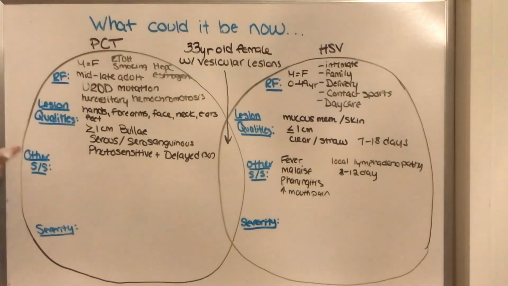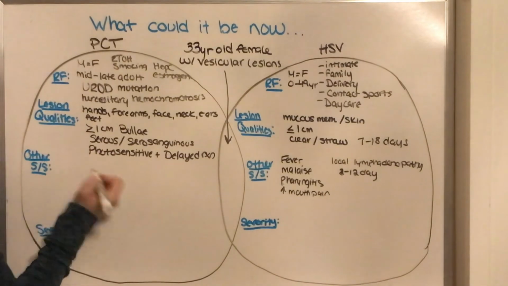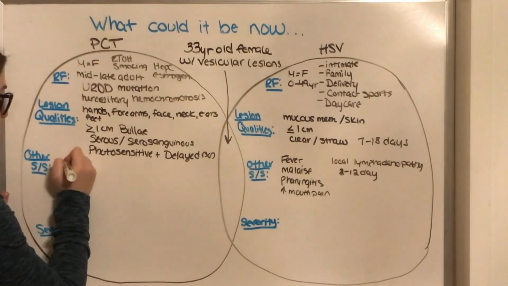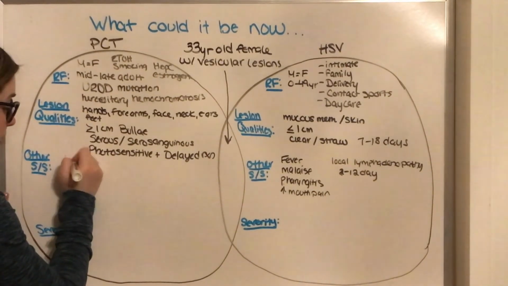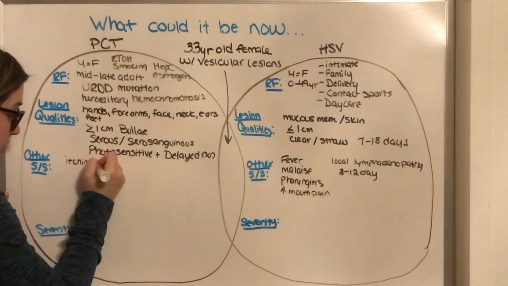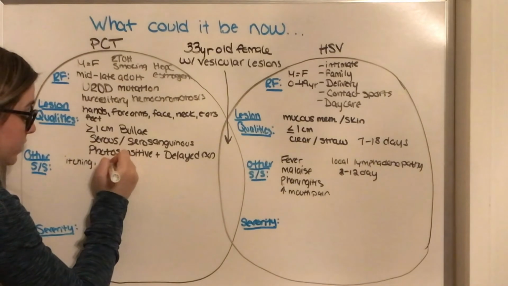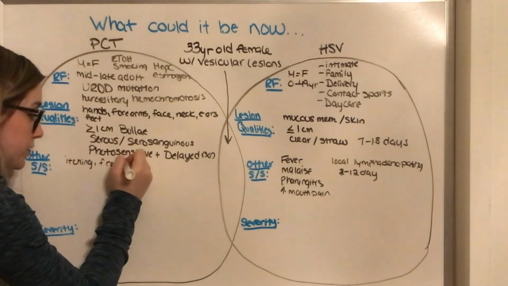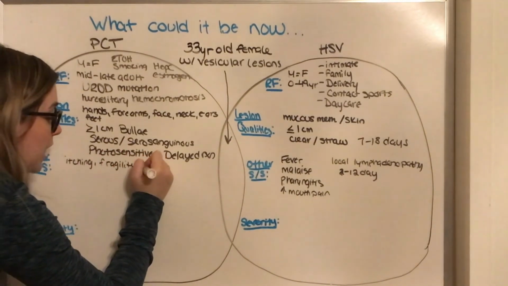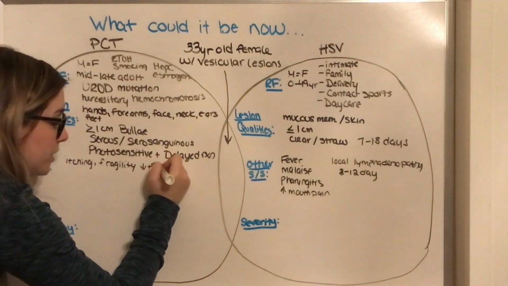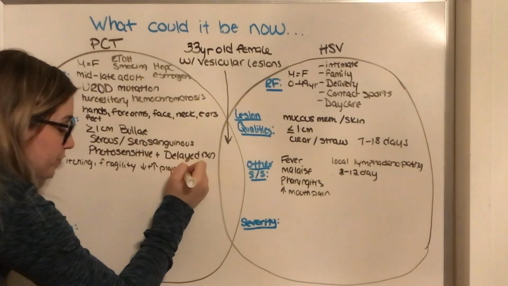On the other hand, with porphyria cutanea tarda, you're going to see itching, fragility of the skin, hypo and hyper pigmentation.